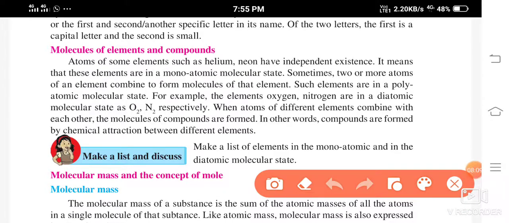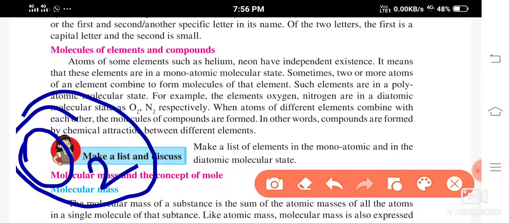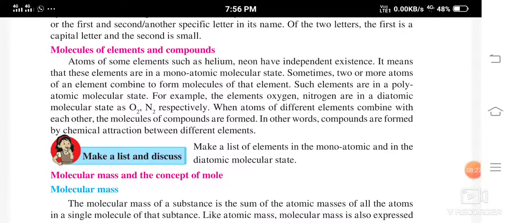But some atoms cannot exist in monoatomic state; they are found in the combined form. Like oxygen, two oxygen atoms will combine and exist in diatomic state, they cannot exist in monoatomic state. Nitrogen also exists in a diatomic state in nature.